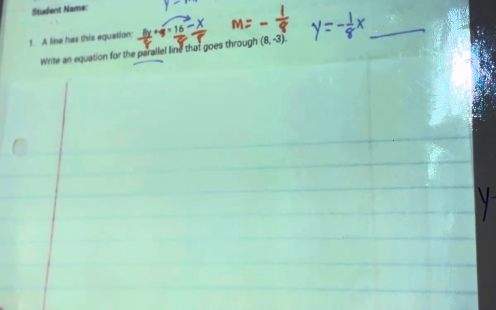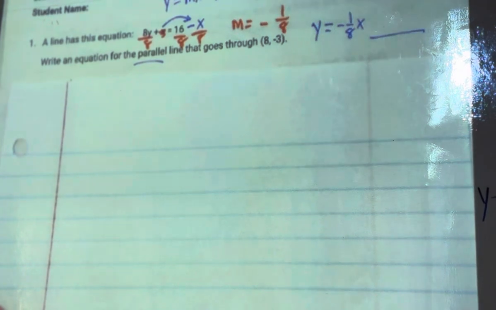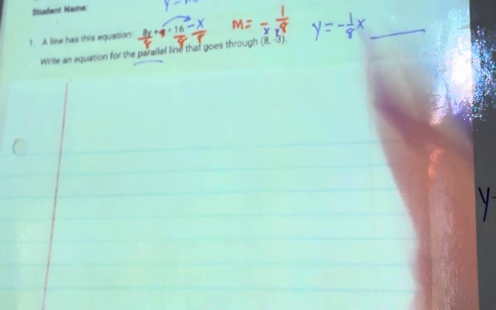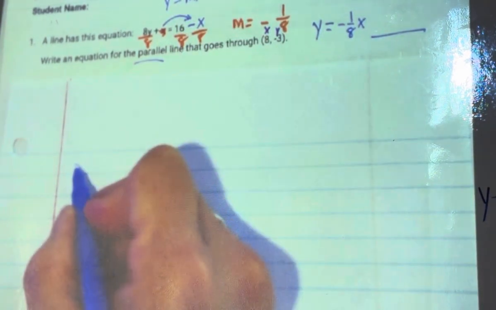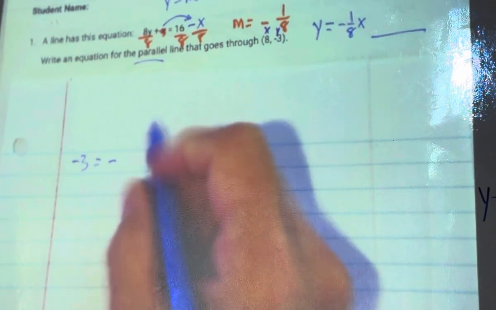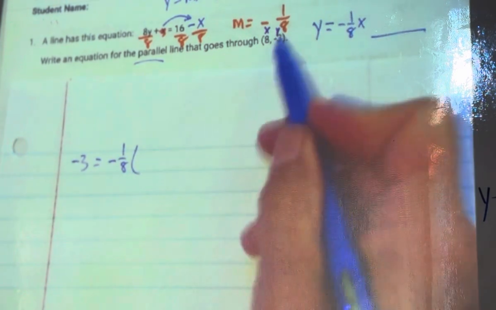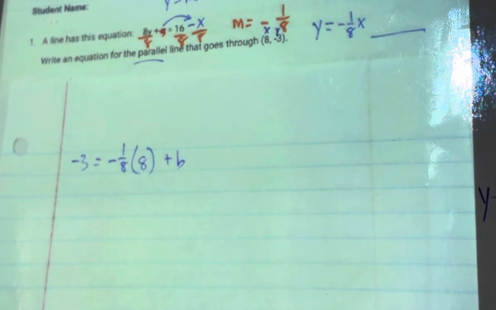What's my y value? It's x then y. So your -3 is your y value. So -3 equals negative 1/8, and our x is 8, plus b. Now what?